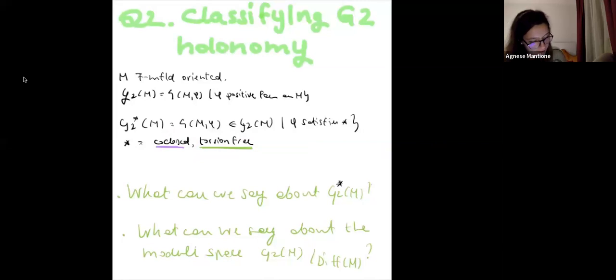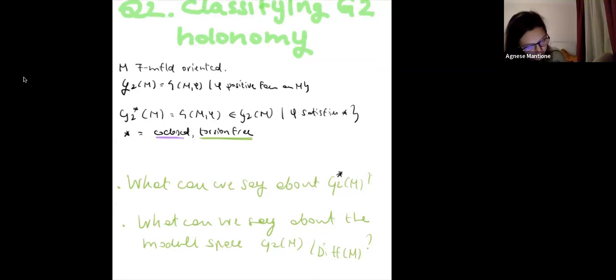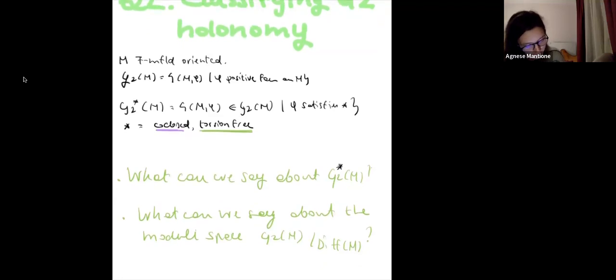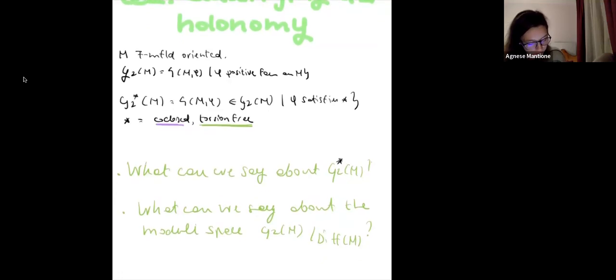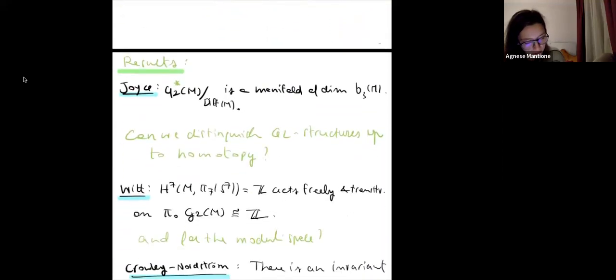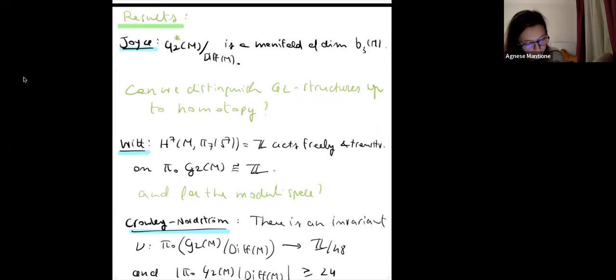So what we could ask is, what is the topology, for example, of the space of the G2 structures on a manifold, or the moduli space? Here I wrote down some interesting results that I think are worth mentioning.